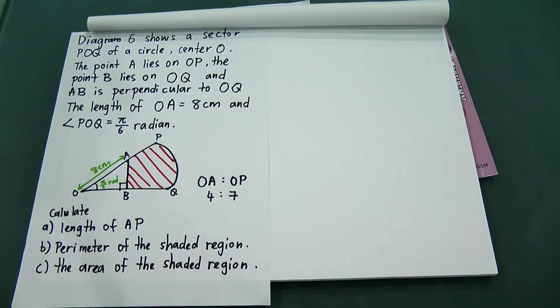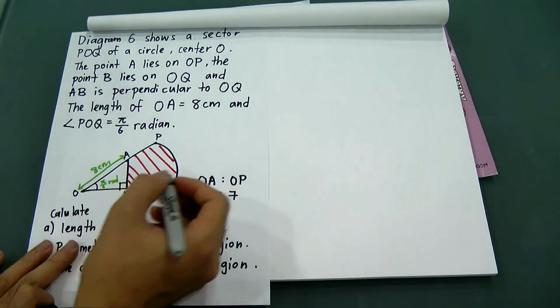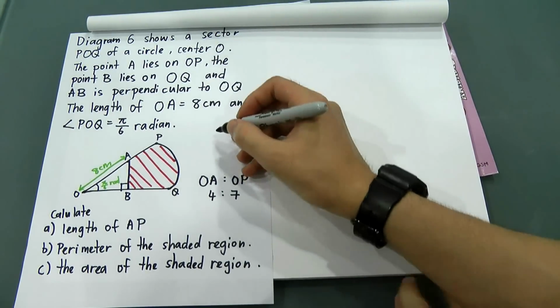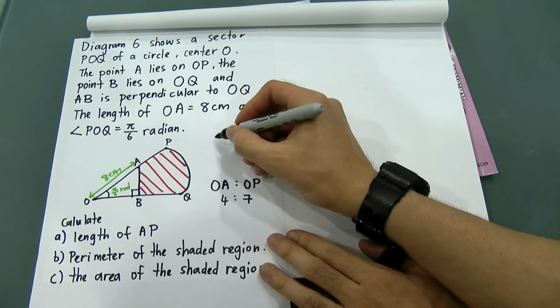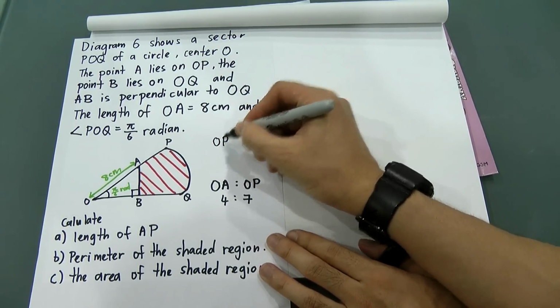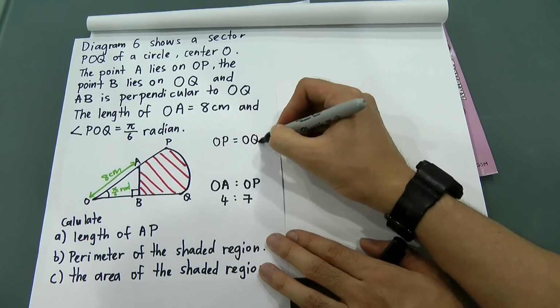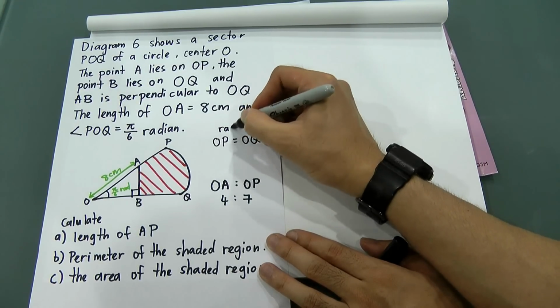I just do a quick remark here: the length of OP will be the same as the length of OQ, since both of them are the radius.